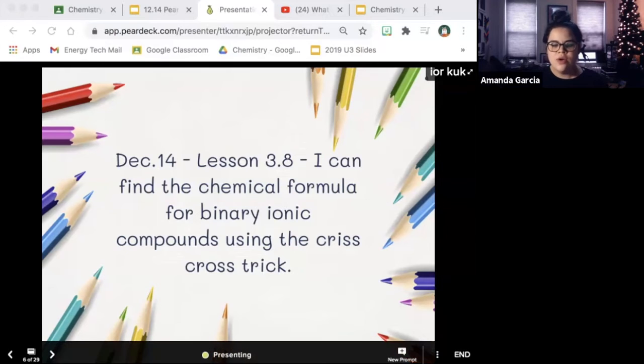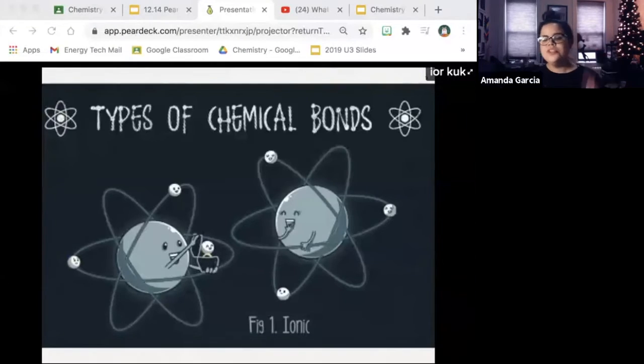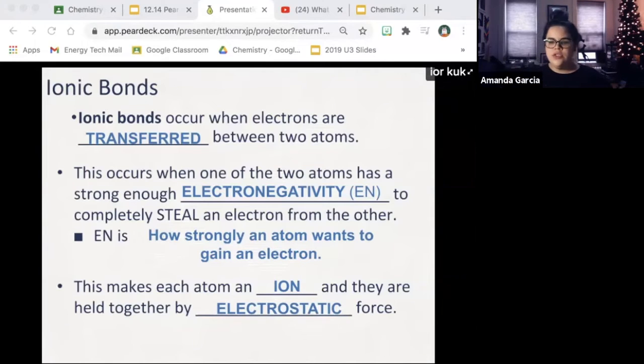But first, we got to know exactly what an ionic bond is. Okay, we do know that it's between a metal and a nonmetal, and we do know that it is a transfer of electrons. But why does this happen? You have a transfer of electrons when you have two atoms in which one of them is relatively strong. Okay, it is so strong that it is able to steal an electron away.